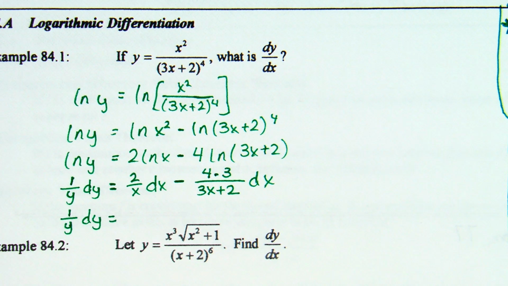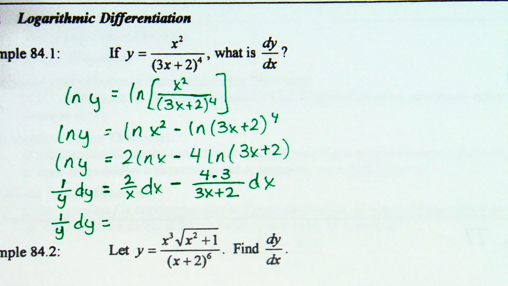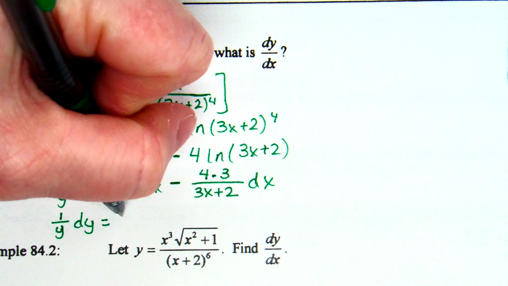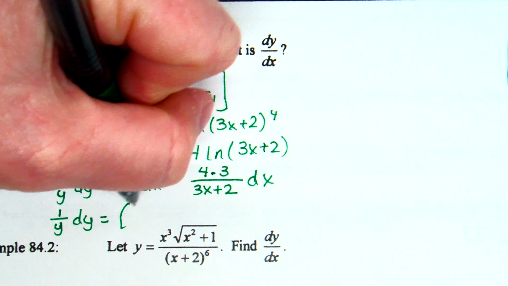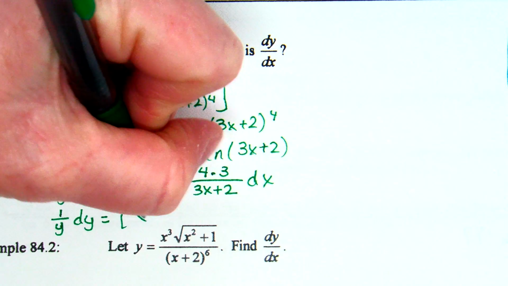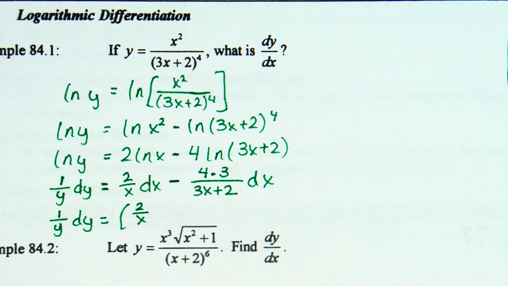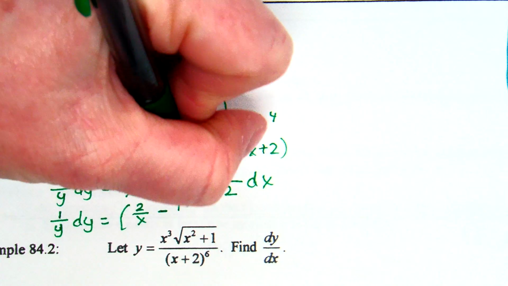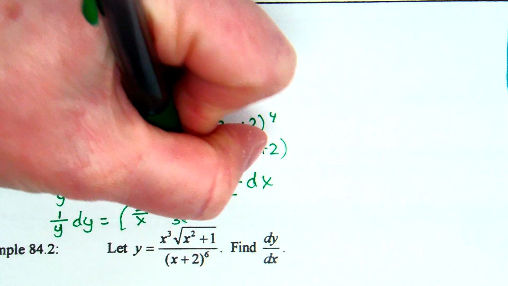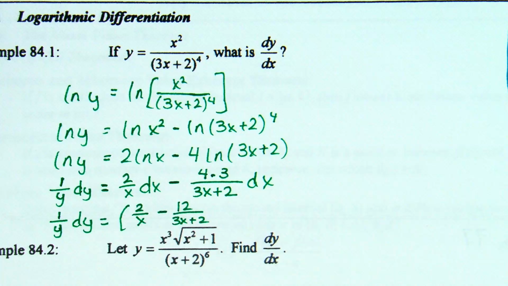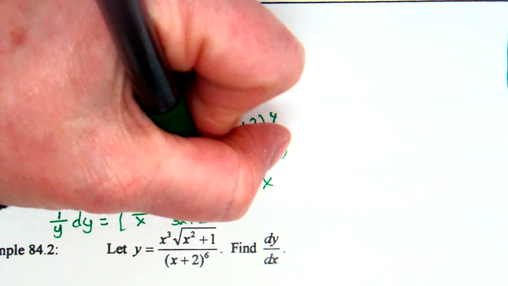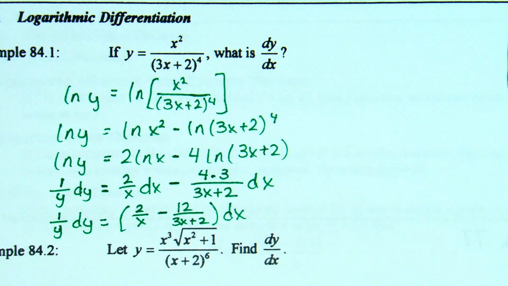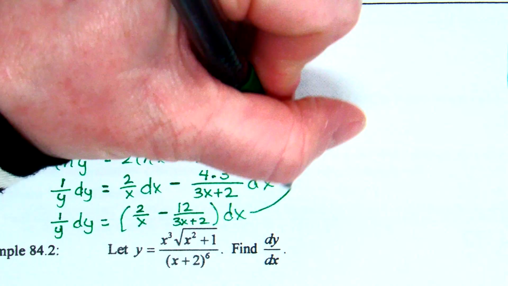So I'm going to factor out my dx on the right, meaning if I factor out that dx, at the end, I'm still going to have a 2 over x as my first term, minus my second term, which is, I wrote it as minus 12 over 3x plus 2, times dx.